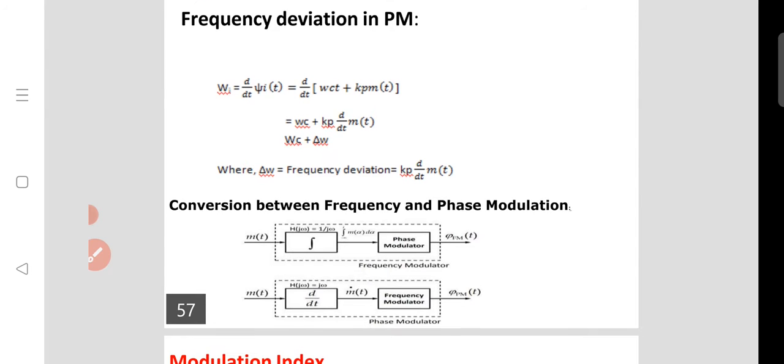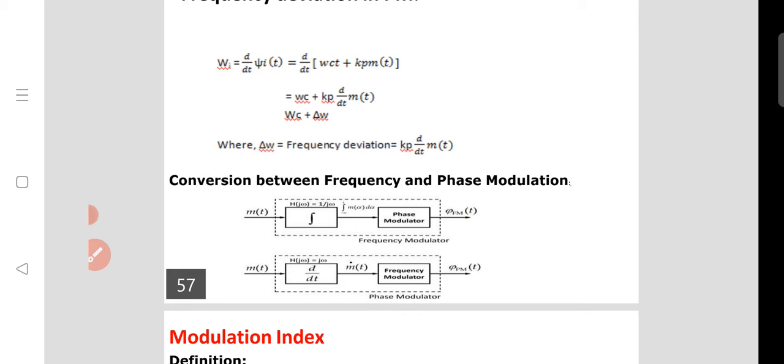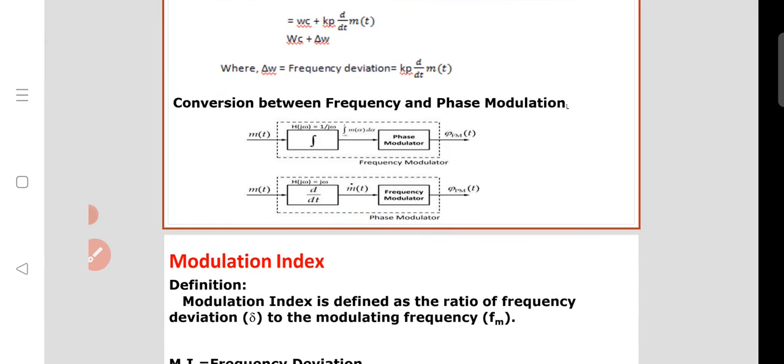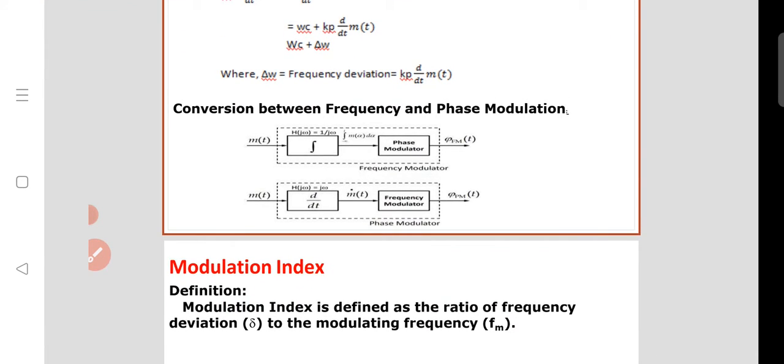So the derivative of psi of t is omega ct plus kp m of t, written as omega c plus kp derivative of m of t. So omega c plus delta omega, this is the frequency deviation.